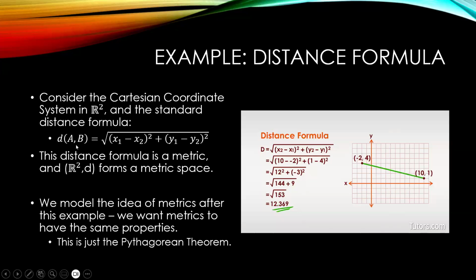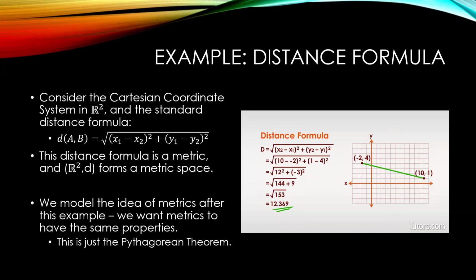Then we'd say the distance from A to B is given by the square root of (x1 minus x2) squared plus (y1 minus y2) squared. Or you could do (x2 minus x1) squared plus (y2 minus y1) squared. Because you're squaring it, you're getting the same answer. This distance formula is a metric, and hopefully you can see why.